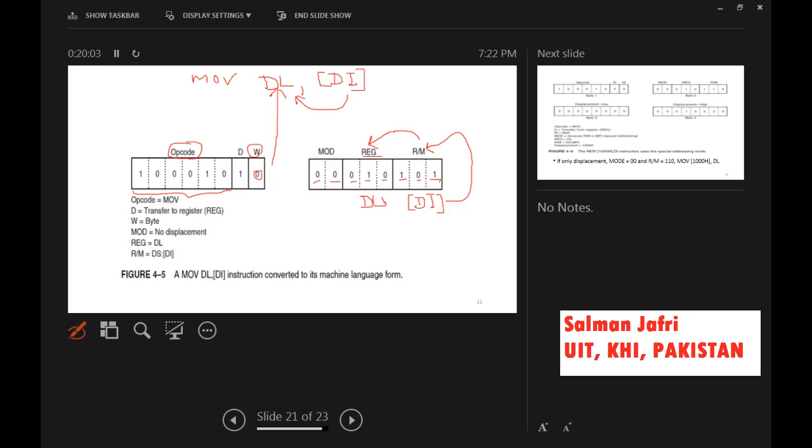So whenever data flows from R/M to REG, the D is 1. So now this is basically the code for move DL comma in brackets DI.